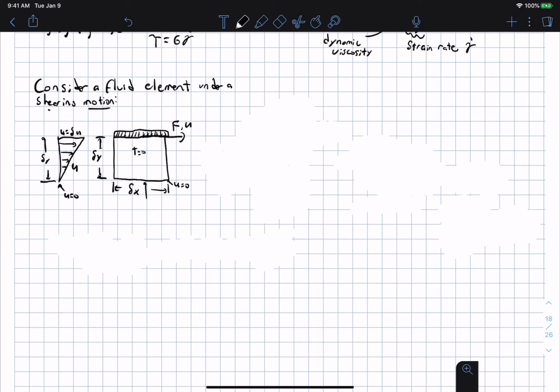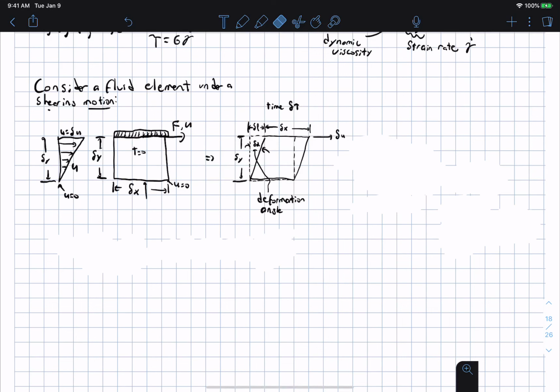And there's some net force that I'm tugging on the top. And so if I plot the deformation of this little fluid element carefully, the height is delta y, and if I apply a force, it's going to tug the top over to the right, and it's going to deform the square into a rhombus.